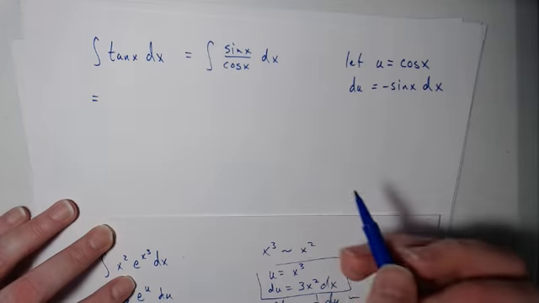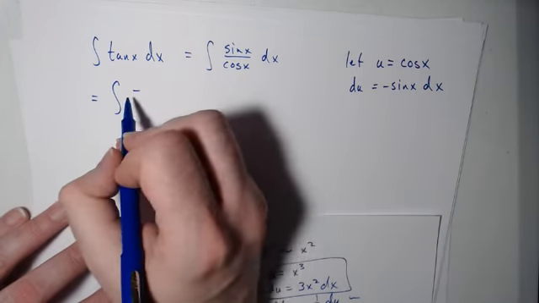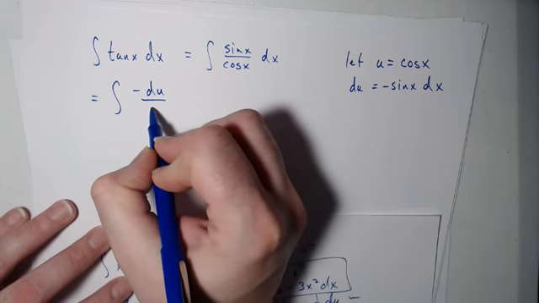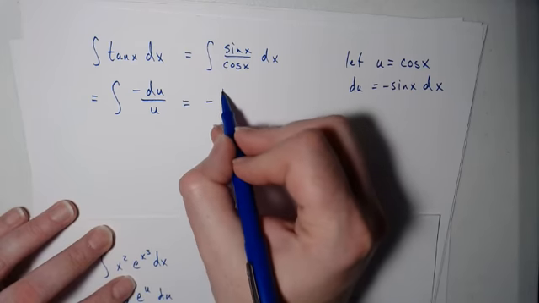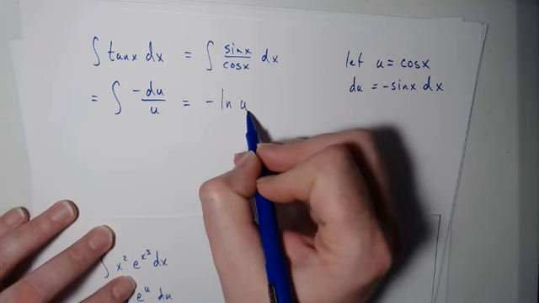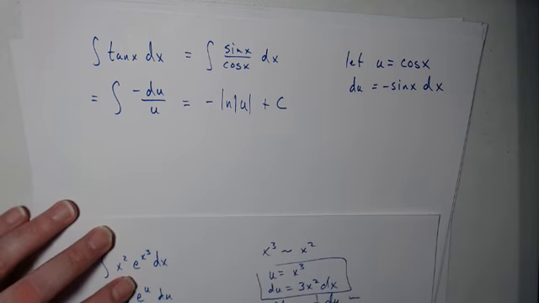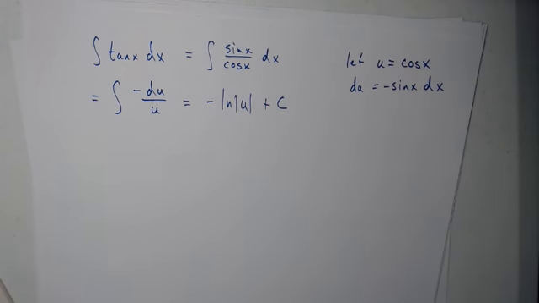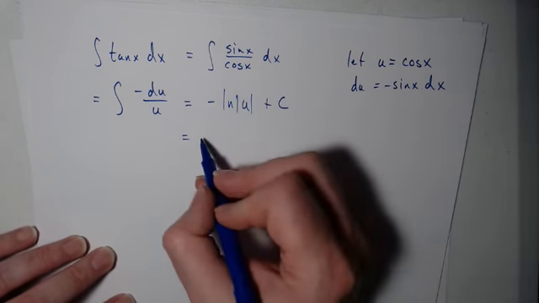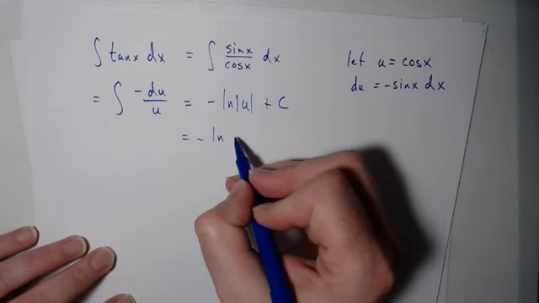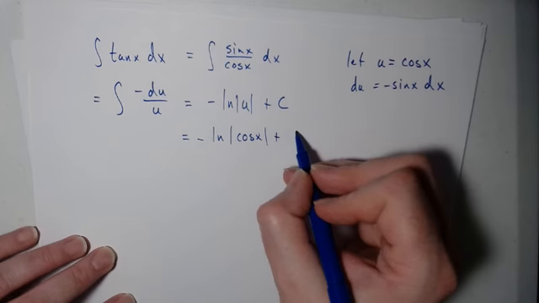And so this becomes the integral of minus du over u, which is minus the natural log of u. We need absolute value bars around our u, plus our constant. And so then when we back substitute, we get minus the natural log of cosine x plus c.